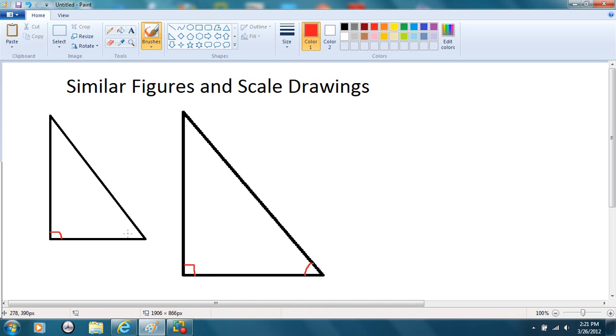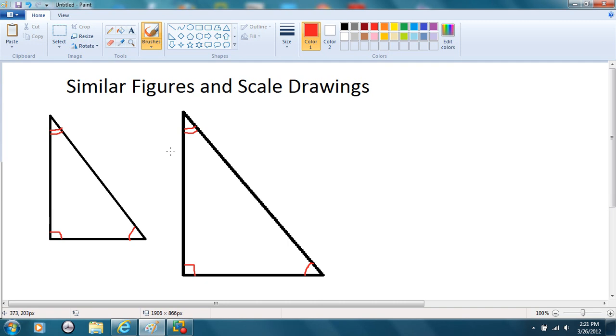The measure of this angle here and the measure of this angle here are equal. And then the measure of this angle up here is the same as the measure of this angle here. If we say this angle corresponds to this one, this angle corresponds to this one, and this angle here corresponds to this one here.